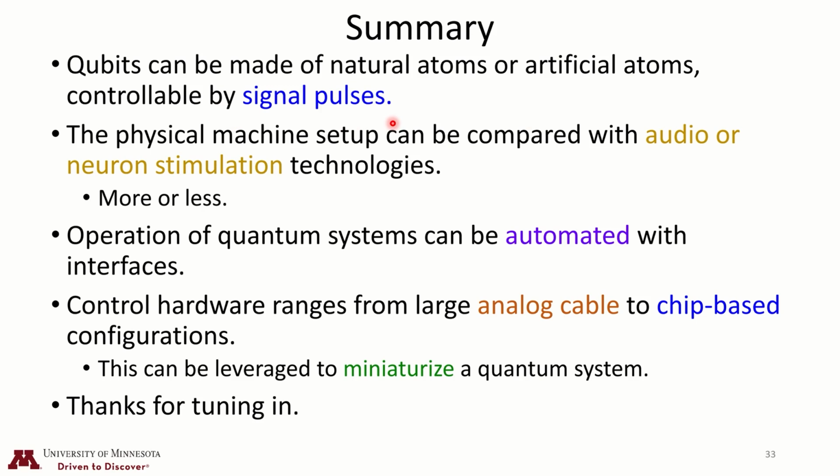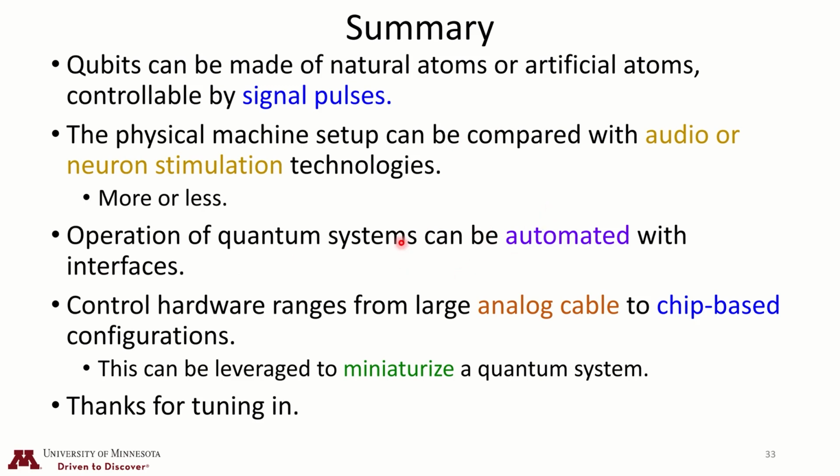You can do it in a semi-manual fashion, controlling a single qubit or maybe two of them, or you can try to automate it. You can automate that operation by using computer code, such as with Python.